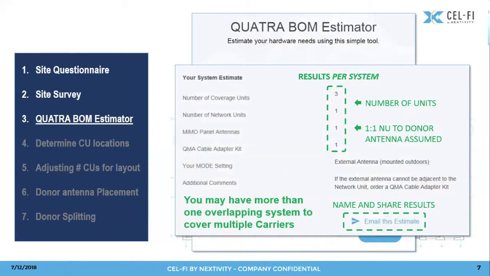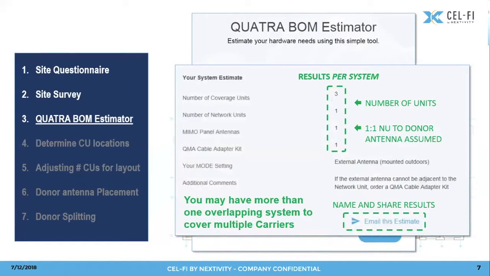Remember, we have many different kinds of Quatras. We have the Quatra 1000, of which we have, I think, 6 versions currently around the world to cover the different bands for different operators in different regions. And then we have the Quatra 2000 here in the United States that is a dual operator system.